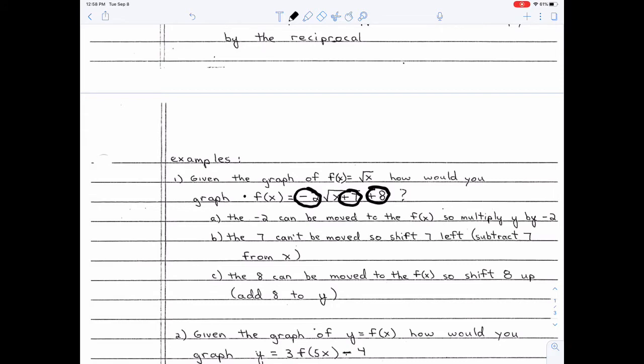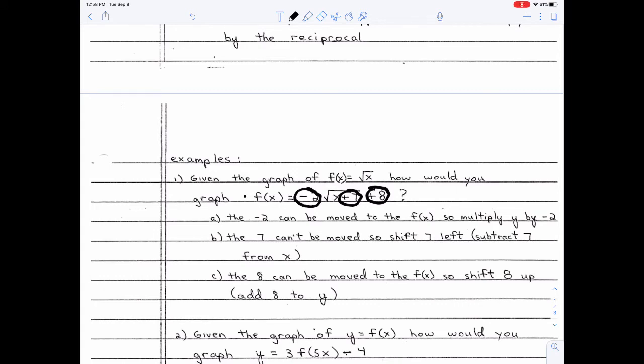Now, is that -2 on the same side of the equation as the y variable, or on the opposite side? It's on the opposite side, so I do the same as what it appears to say. What does it appear to say? Multiply by -2. So I'm going to multiply y by -2. And again, how this is going to work on a graph we'll get to eventually.